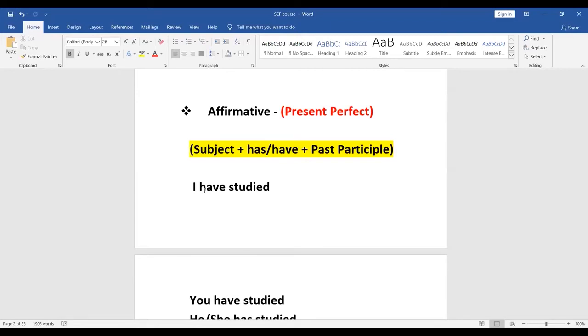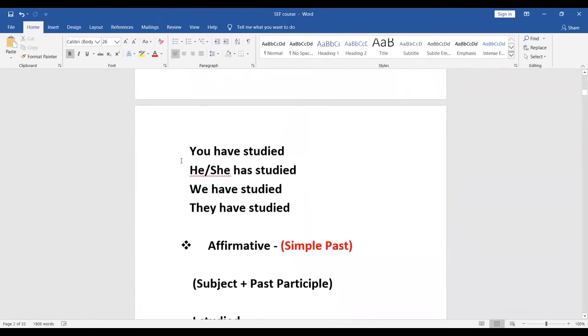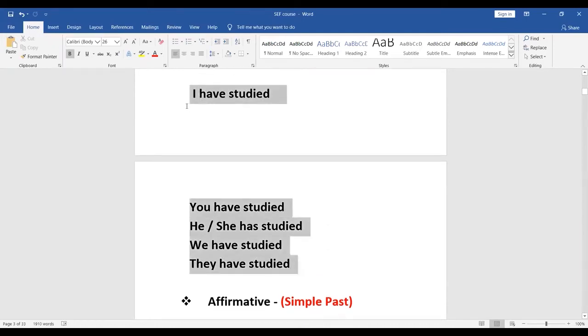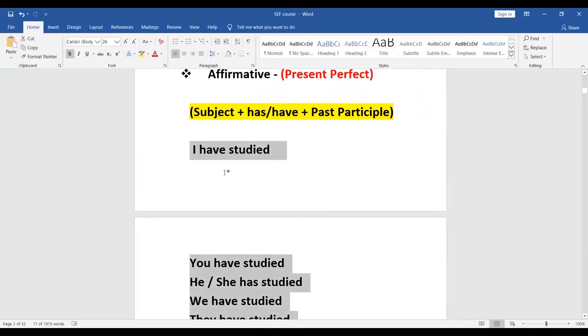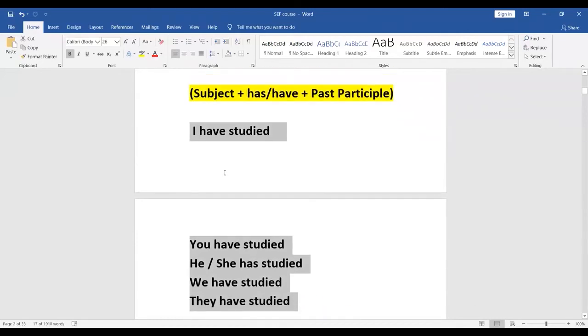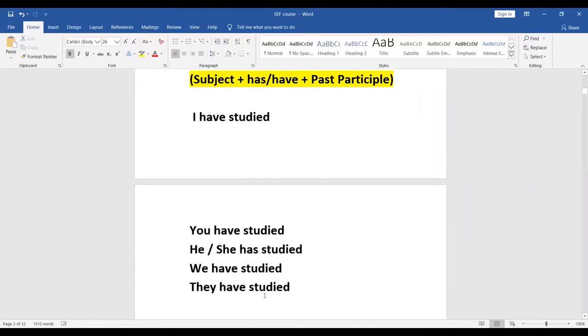So you have to say I have studied. The next one is you have studied. He or she has studied. We have studied and they have studied. So these are the conjugations for the verb study, with the subject, the verb has or have, and then the past participle.